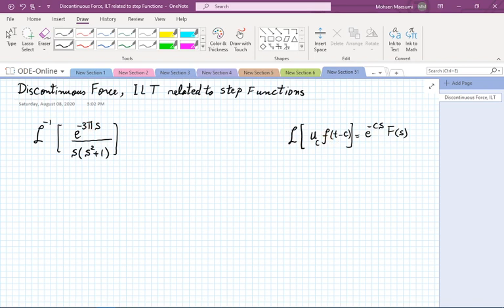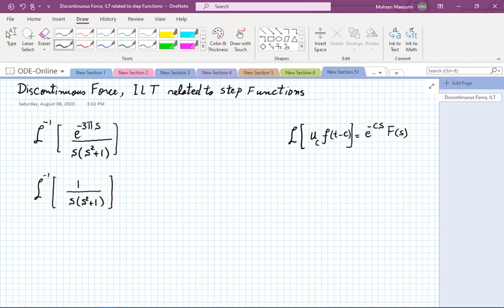But what is my f? So we go to a secondary problem where we remove this exponential. We just have this expression, s times s squared plus 1.